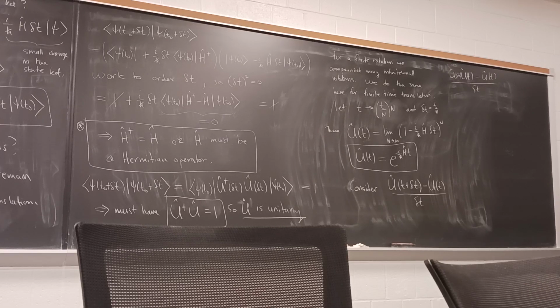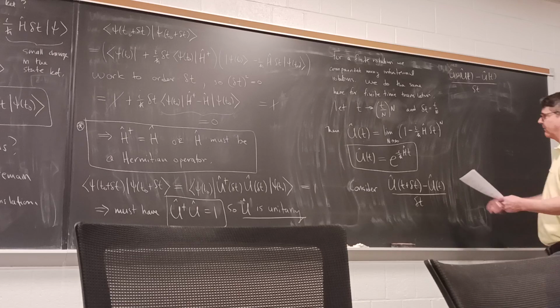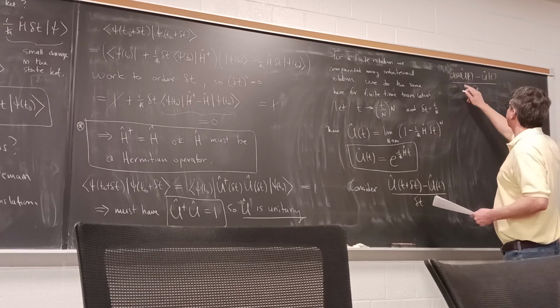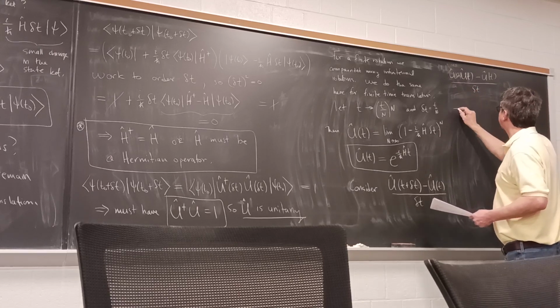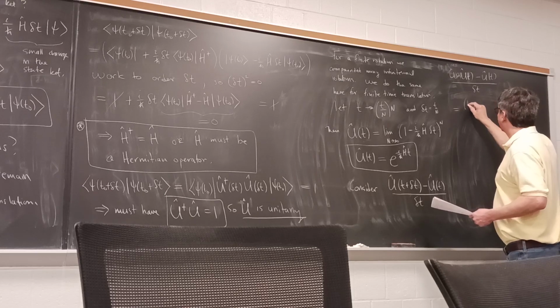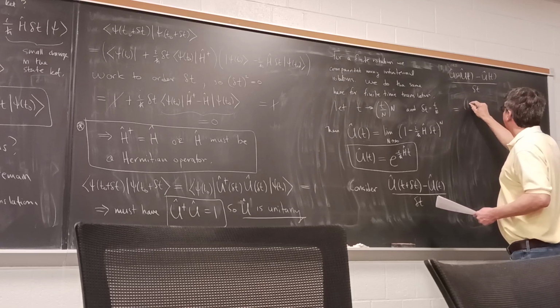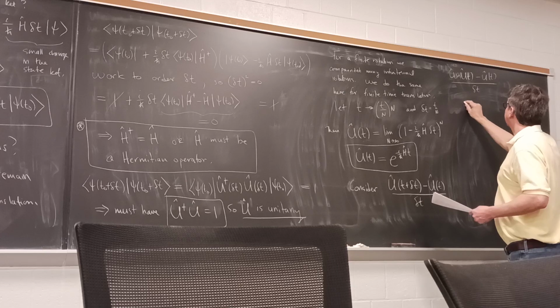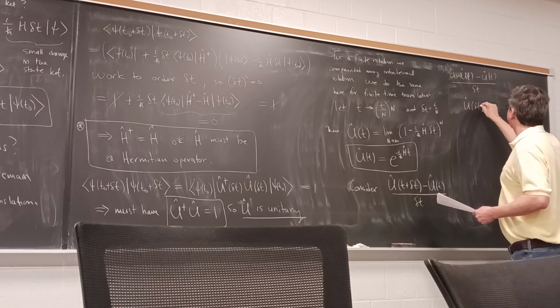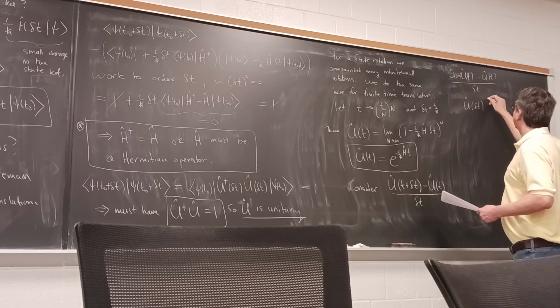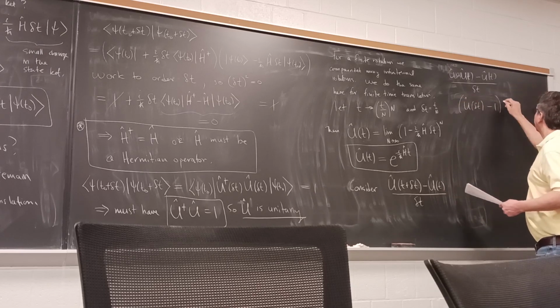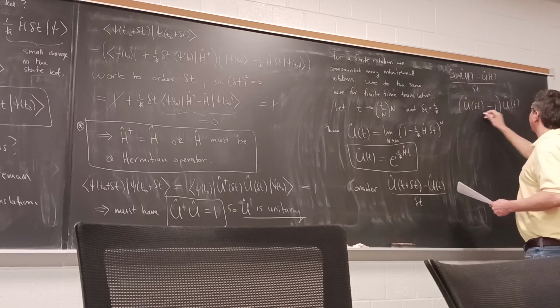Now for a finite rotation, we have just this expression, so I can write this as U hat of dt minus 1 times U hat t over delta t.